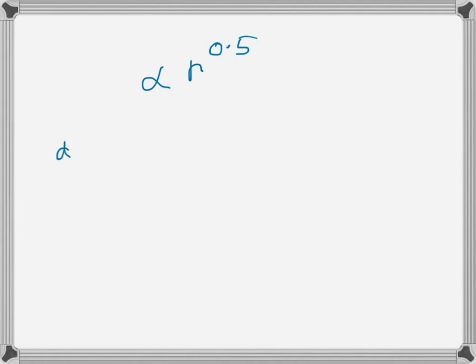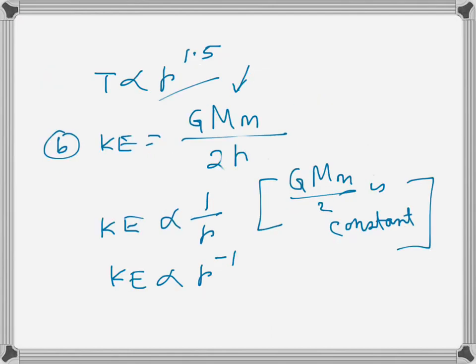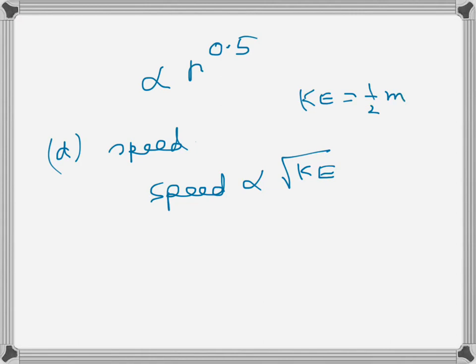Finally we need to find speed. Now we already found the relationship with kinetic energy, which is r to the power minus 1. Kinetic energy is proportional to the square of speed, because kinetic energy is just half m v squared.